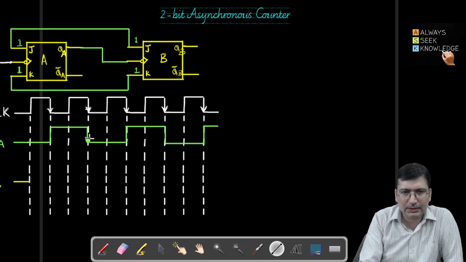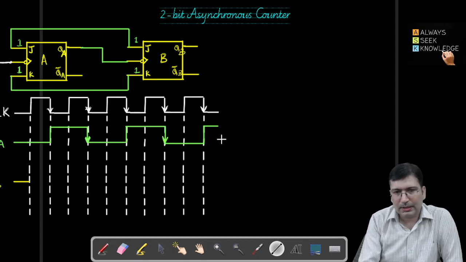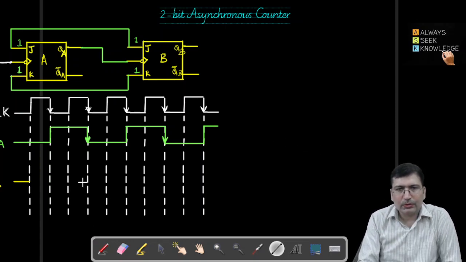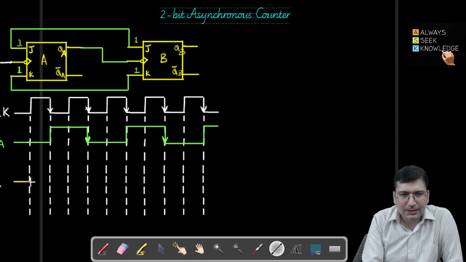So this is a negative edge, this is a negative edge, because the voltage is changing from high level to low level, and the next negative edge will come later. So that means QB will not toggle here, and it will be 0 till this point.